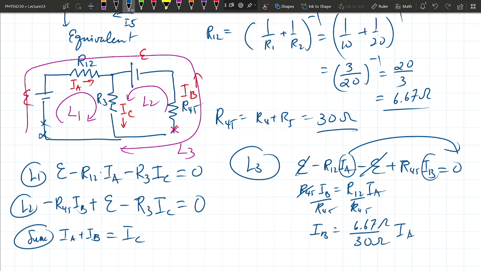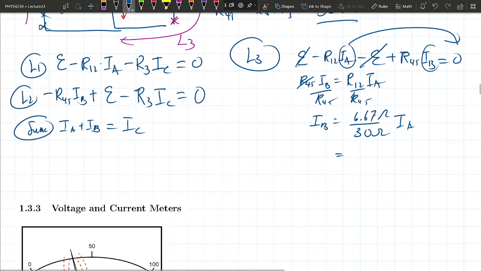And that's going to be 2.2-ish divided by 30. So this number here is 0.223 IA.